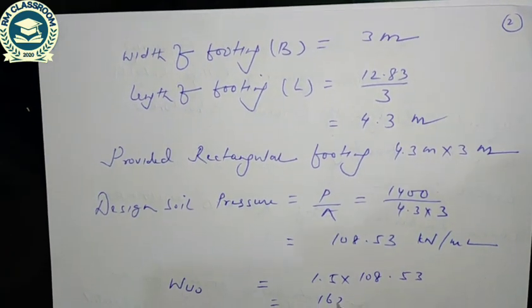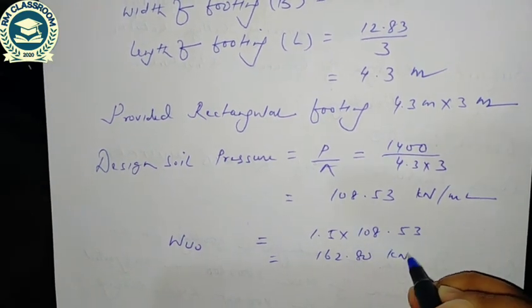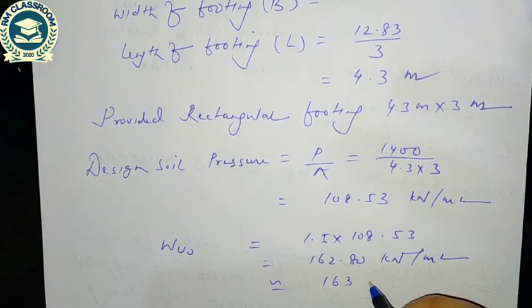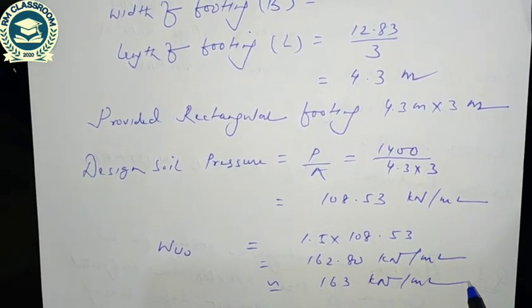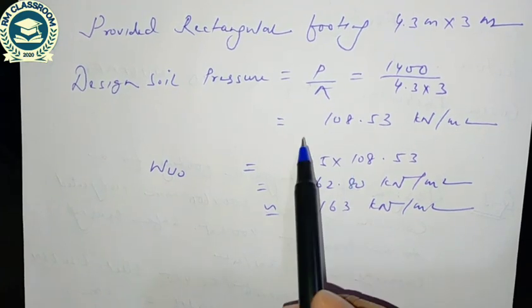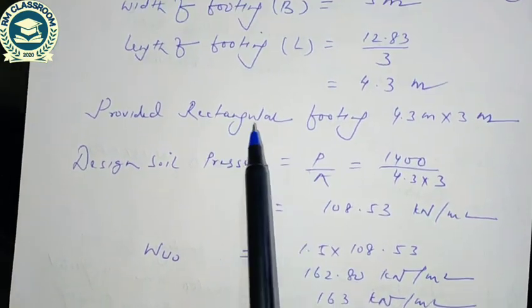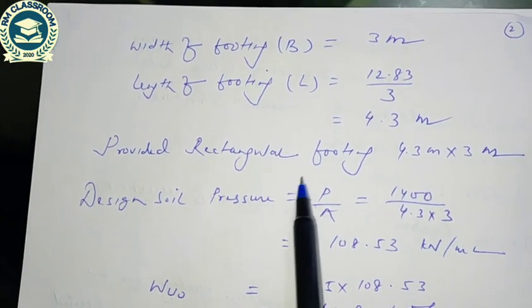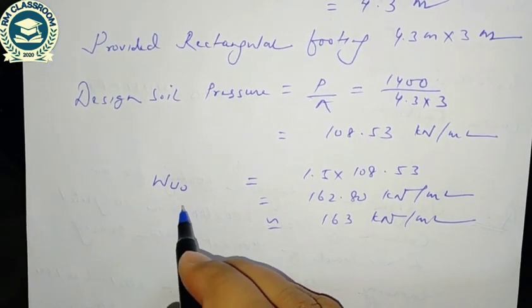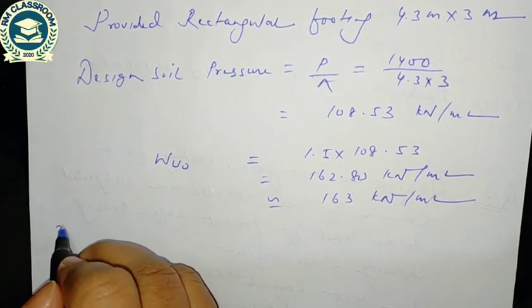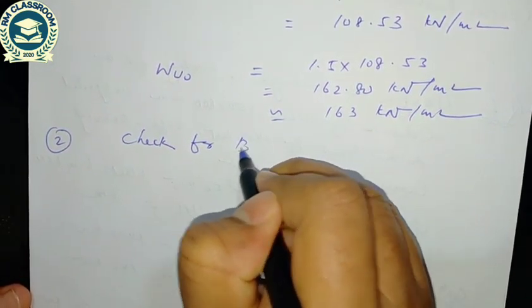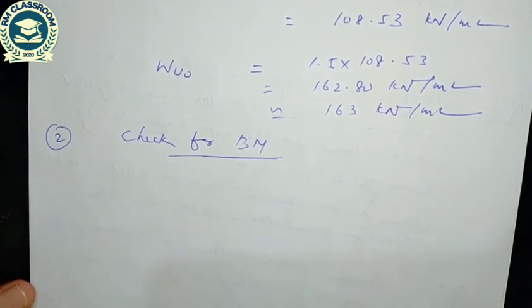So it is coming 162.80 kilonewton per meter square, or approximately it can be written as 163 kilonewton per meter square. So the first step we have already done. We have computed the dimension of the footing and the design soil pressure. Second step, check for bending moment.